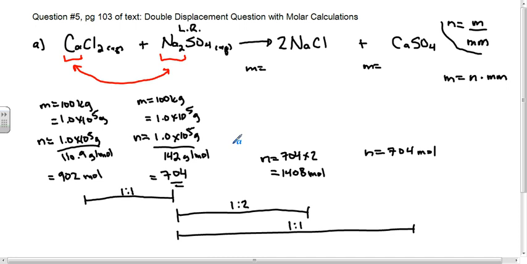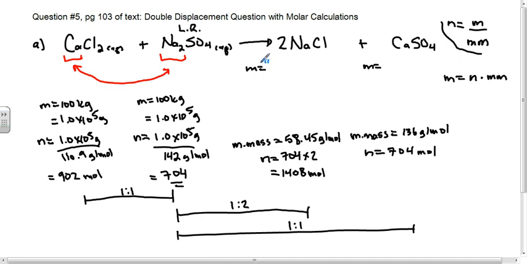So our molar mass of sodium chloride, we figure that out to be 58.45 grams per mole. And our molar mass of calcium sulfate turns out to be 136 grams per mole. So now we can go and figure out the mass.